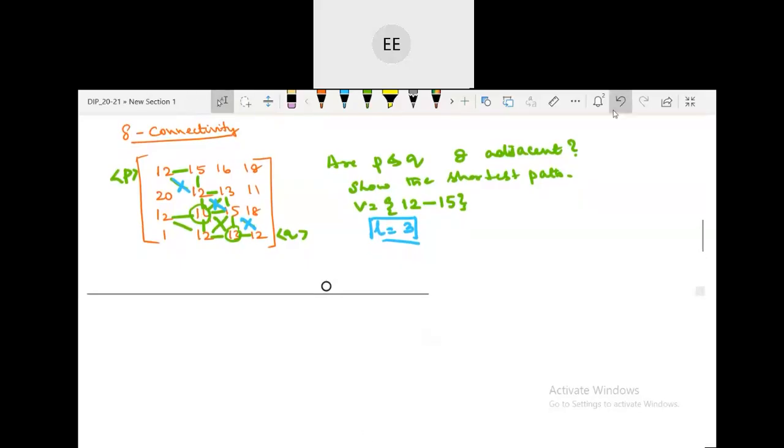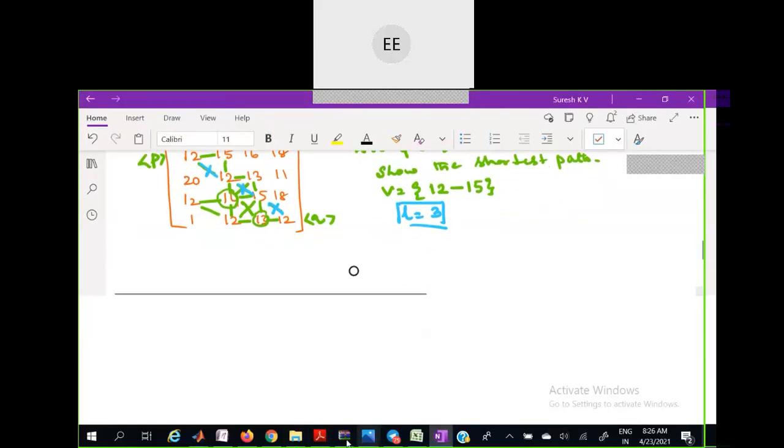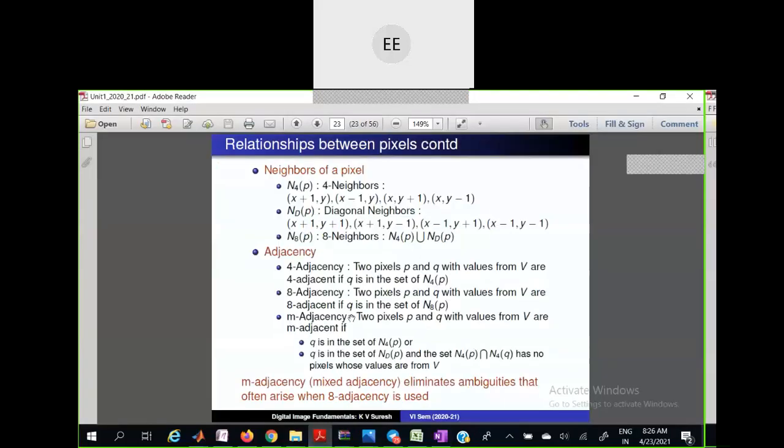So let me now go back to our slide. So 8 adjacency we have done. They are from the set V, and Q should be an 8 neighbor of P. Now what is M adjacency? M adjacency is again both P and Q should be from set V, and what it says is Q, if it is in the set N4 of P, that means your Q should be a 4 neighbor of P. That is one condition.